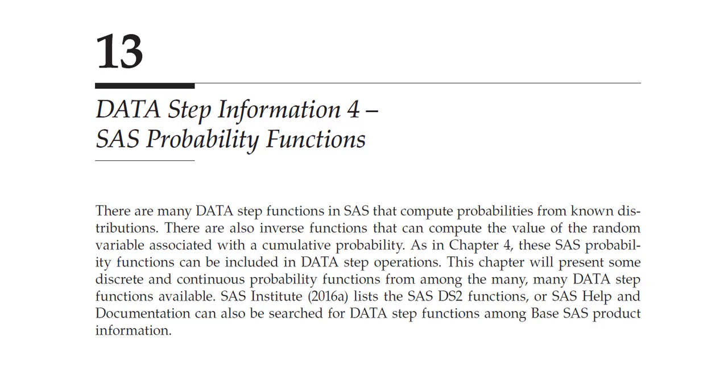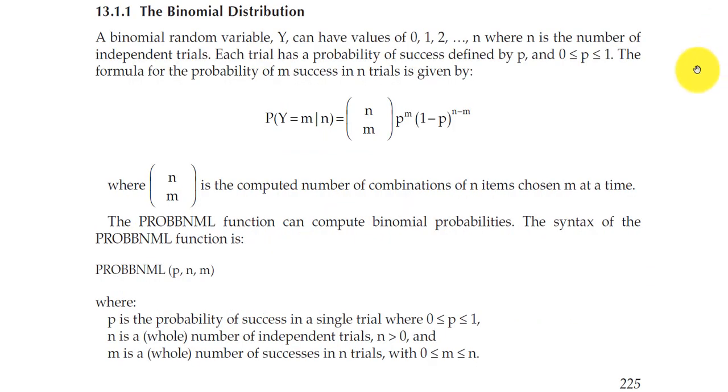So what we'll look at first is the discrete probability distribution associated with a binomial random variable. As you recall, in a binomial distribution we have a random variable y with values 0 up to a value of n, the number of independent trials, and we look for the number of successes, given here by lowercase m, out of lowercase n trials.